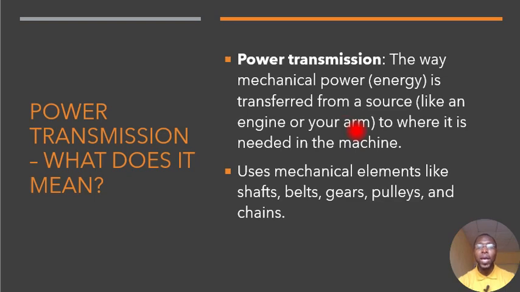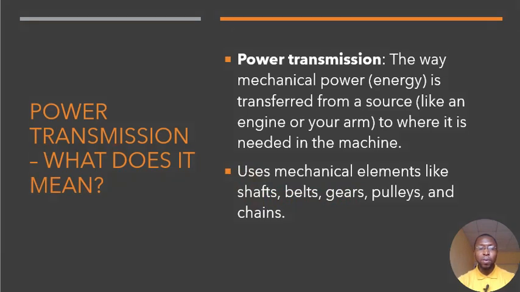It makes use of elements like belts, gears, pulleys, chains, even shafts. As we go on in this lesson, we shall see how these elements are used to transmit power.